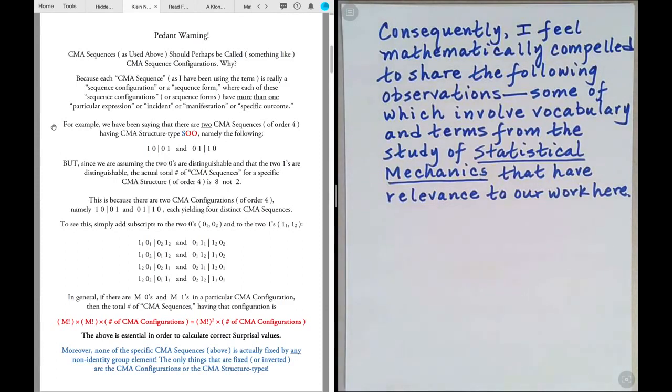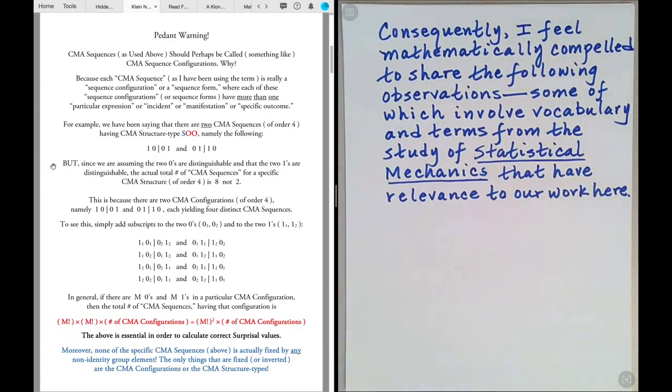For example, we have been saying that there are two CMA sequences of order 4, having CMA structure type SOO, namely the following. But since we are assuming the two zeros are in fact distinguishable and that the two ones are distinguishable, the actual number of CMA sequences, in quotes, for a specific CMA structure of order 4 is 8, not 2.